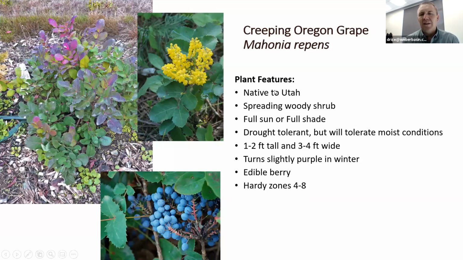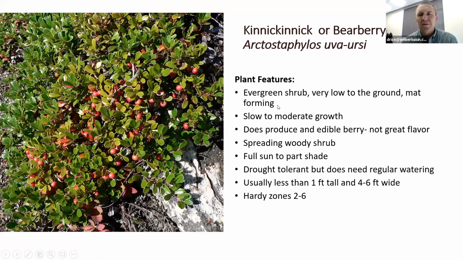Nice little plant. And the berries, I've eaten those berries before. They're not something you'd probably just continue to eat. It's not like picking raspberries where you say, oh, these are so good, but they're tolerable, they're palatable, they're not terrible, and you wouldn't worry about your kids eating them or something like that.